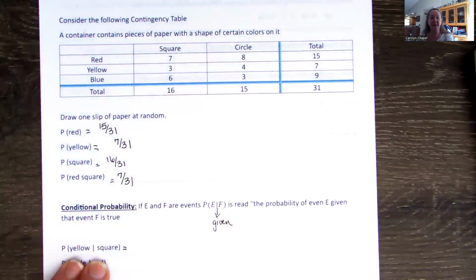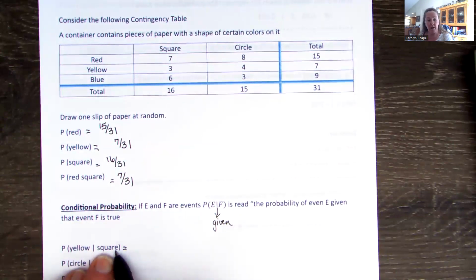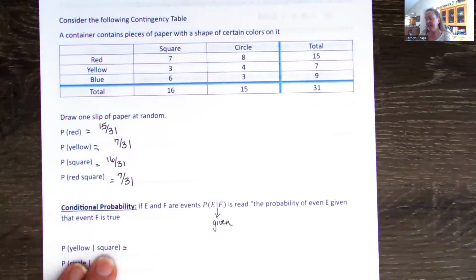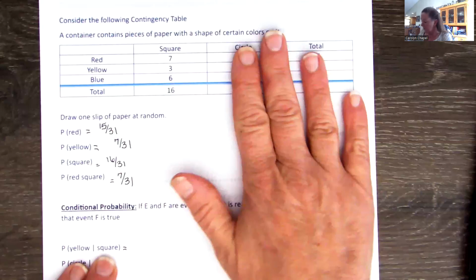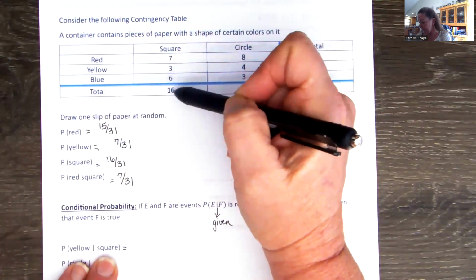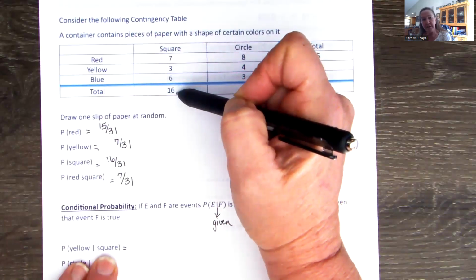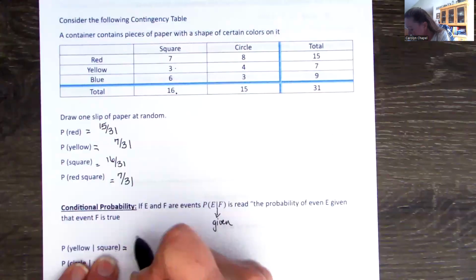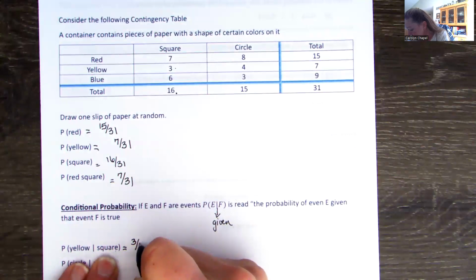So we're going to do some here. The probability that it's yellow, given we know it was a square. It tells us, I've got a piece of paper and I tell you it's a square. So that means we don't need to worry about the circles anymore. So we're just looking at these 16 squares. And out of those 16, 3 of them were yellow.